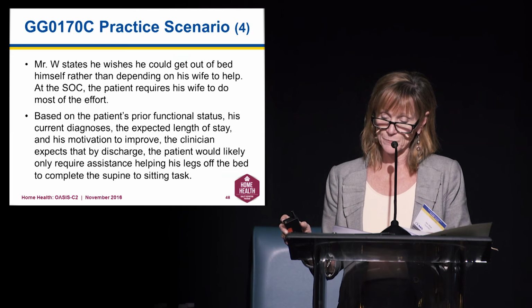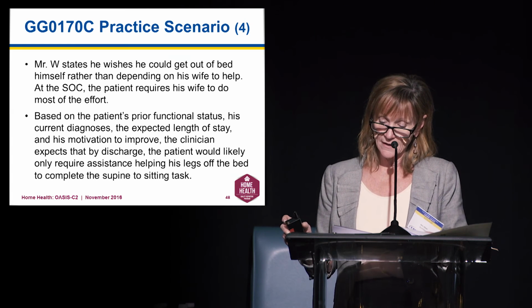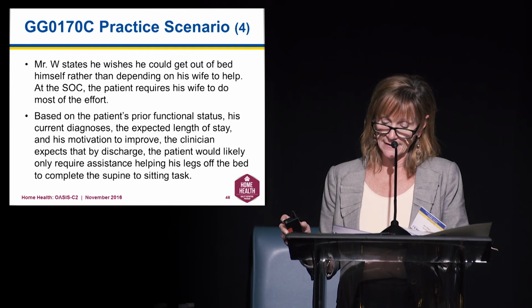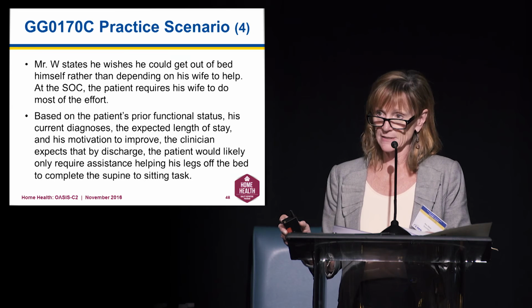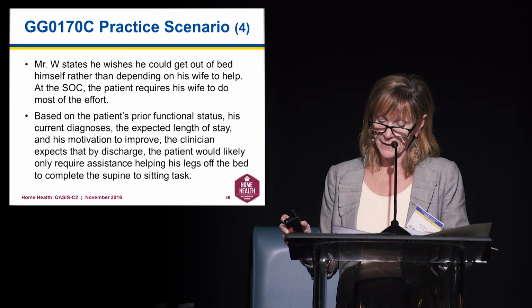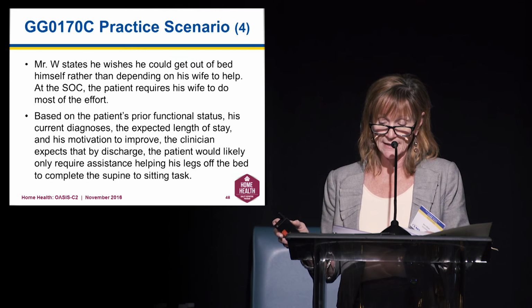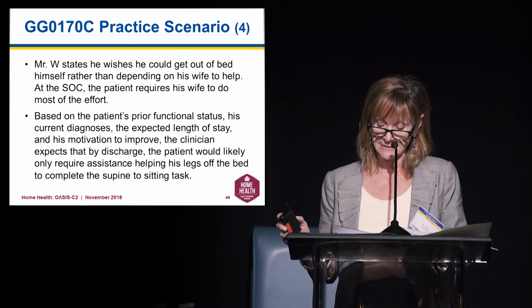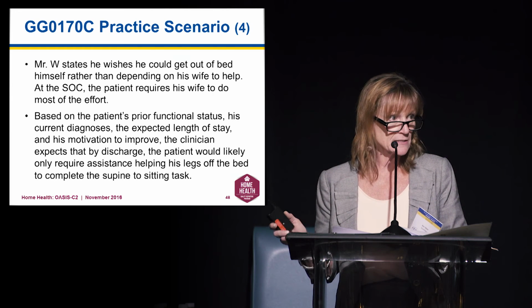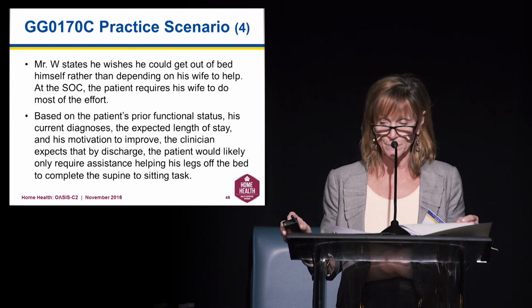Based on the patient's prior functional status, his current diagnoses, the expected length of stay, and his motivation to improve, the clinician expects that by discharge, the patient would likely only require assistance helping his legs off the bed to complete the supine to sitting task. So this is a polling question, and we're going to answer the first part of the question.